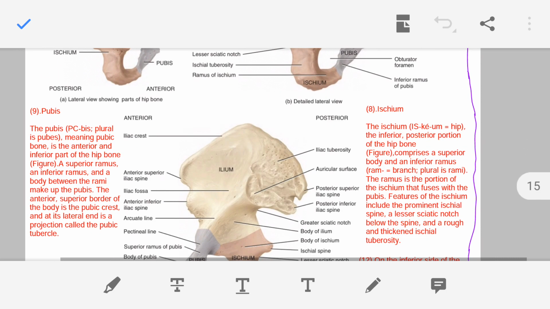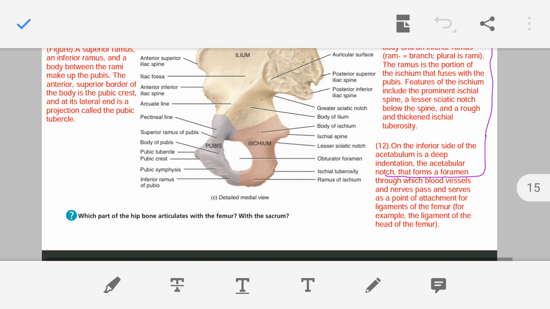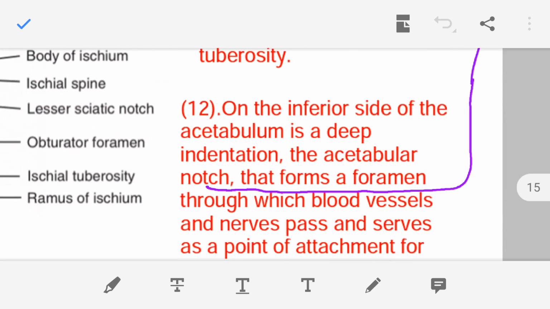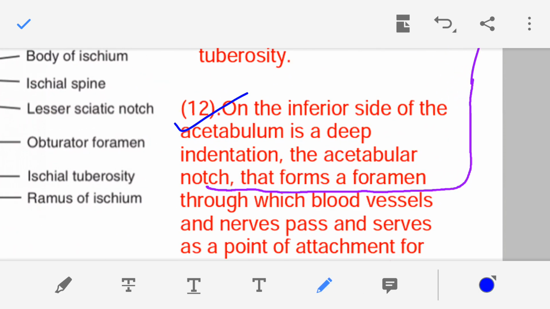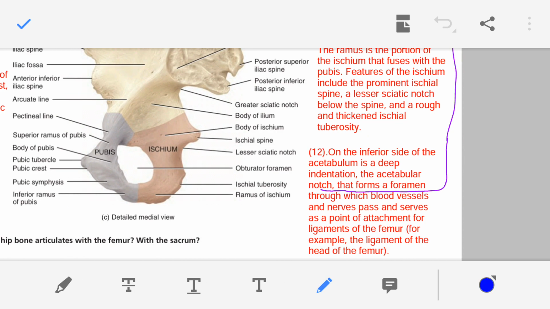Now moving on to the 12th point of our discussion. Now on the inferior side of the acetabulum, a deep indentation, the acetabular notch, is present. So I am showing you this acetabular notch.